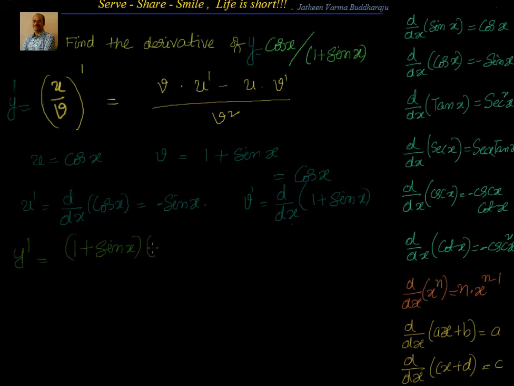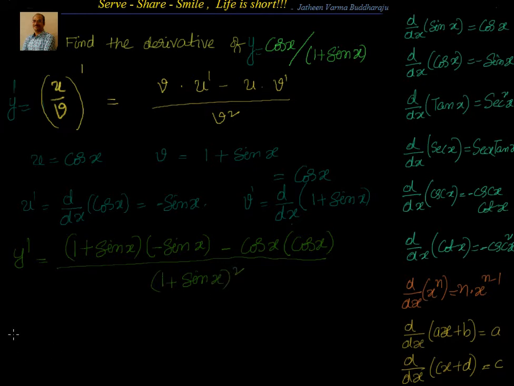U dash is minus sin x, minus u is cos x multiplied by v dash. Just now we found that v dash is nothing but cos x, divided by v square. V is 1 plus sin x, so we'll have 1 plus sin x whole square.